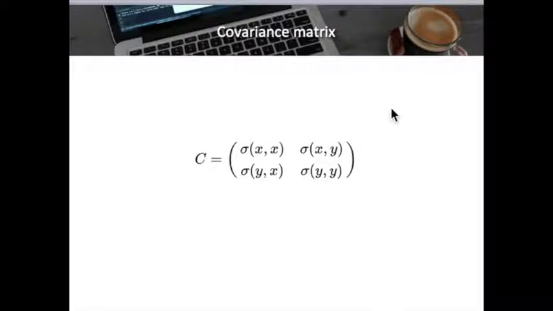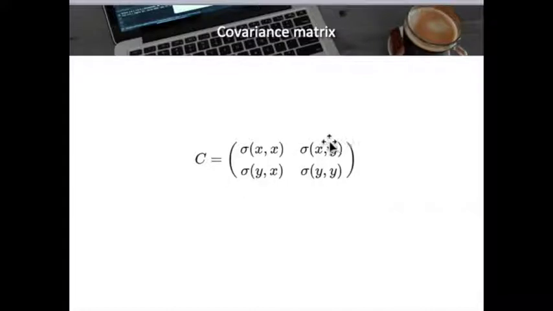Okay, so let's have a look at a very simple 2D case, which actually forms the basis for higher dimensional cases as well. We can see that on the diagonal we find the variances, that is x by x and y by y. This is actually sigma squared of x and sigma squared of y.